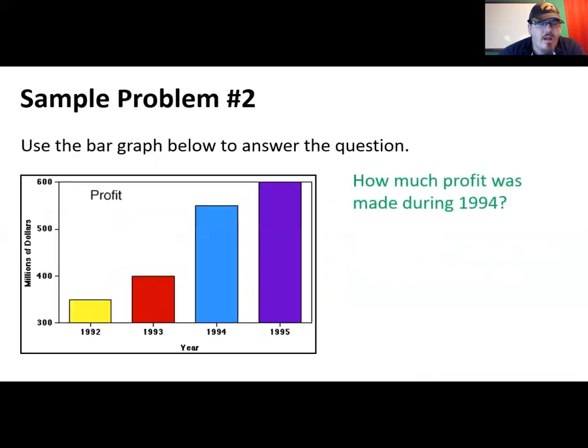All right, the next type of graph that we're going to look at is a bar graph. A bar graph simply uses bars to illustrate the data. In this case, we've got a graph that shows millions of dollars in profit for various years.